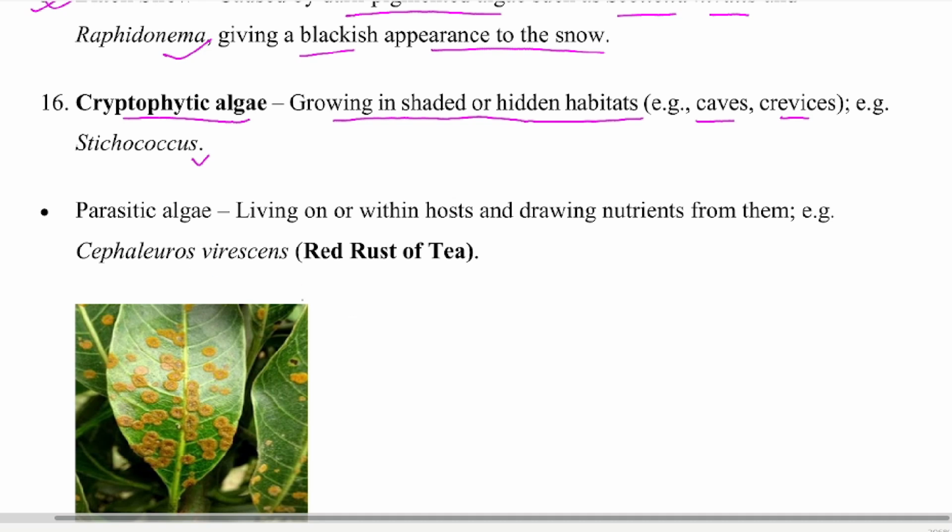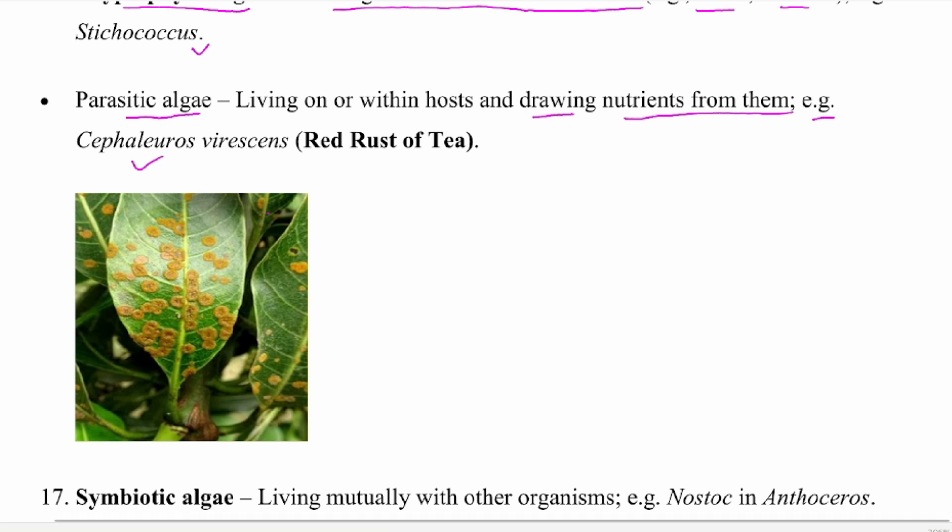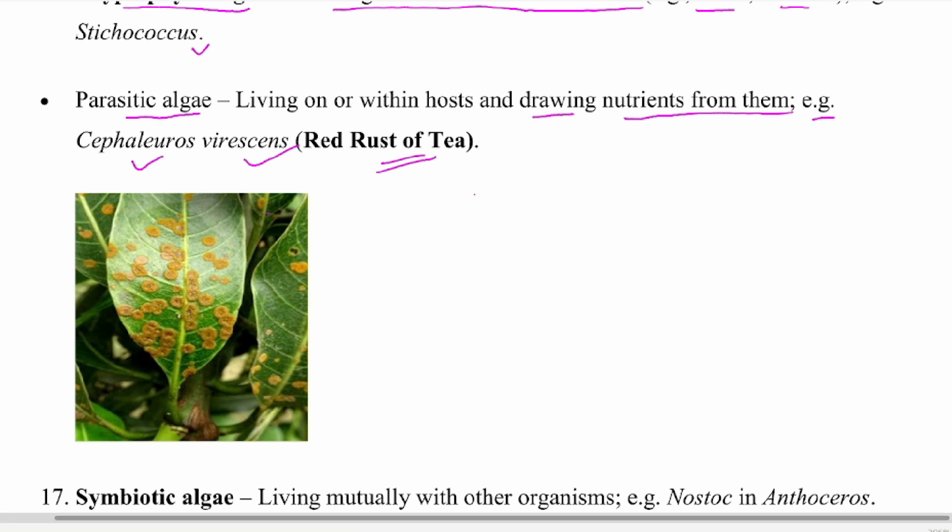And another very interesting and important question is the parasitic algae. You are commonly familiar with this term. It lives on or within the host, and as it is parasitic, it harms the host by drawing nutrients from it. The common example is Cephaleuros virescens, which causes the red rust of tea.